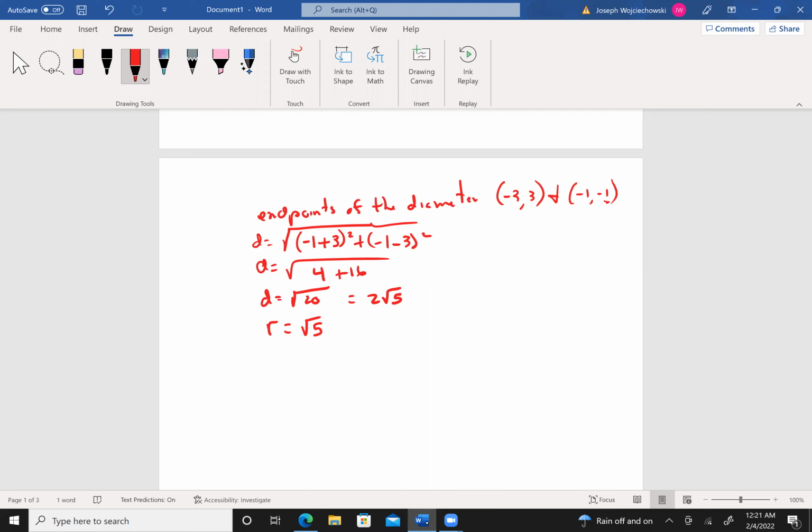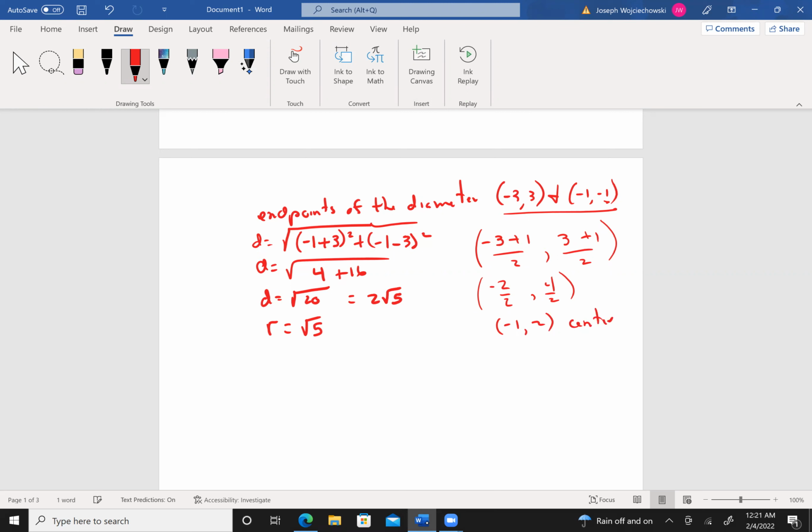Now I need the center, which would be the midpoint. So what do we have? -3 plus -1 over 2, and 3 plus -1 over 2. So my center here is -4 over 2 and 2 over 2, which is -2, 1. This is my center.